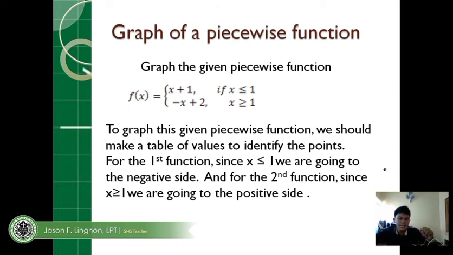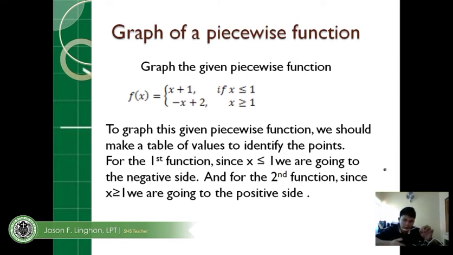So, yung gagamitin natin na number sa ating table of values is from 1 up to negative infinity. Okay? Pababa tayo. Okay? And for the second function, since x is greater than or equal to 1, we are going to the positive side. So, meaning, pataas tayo.